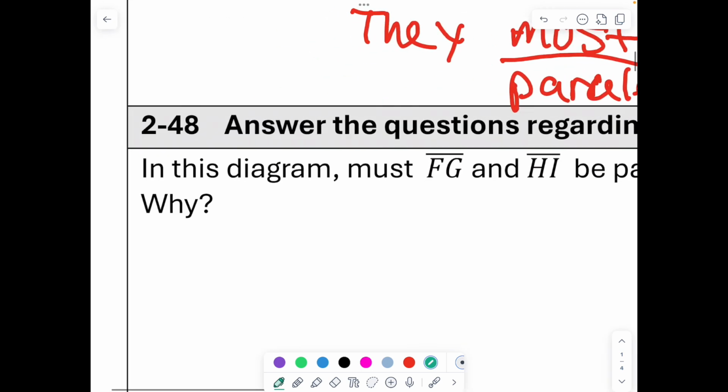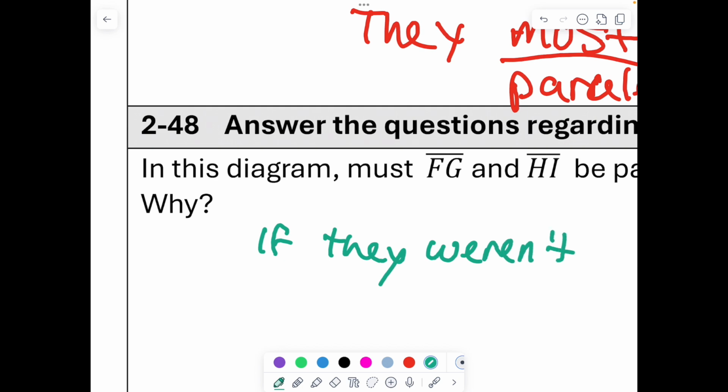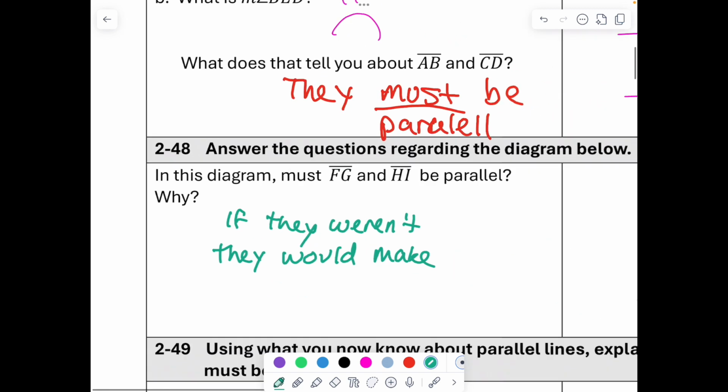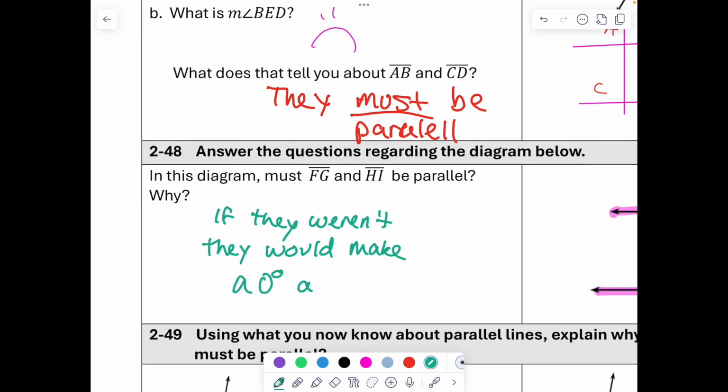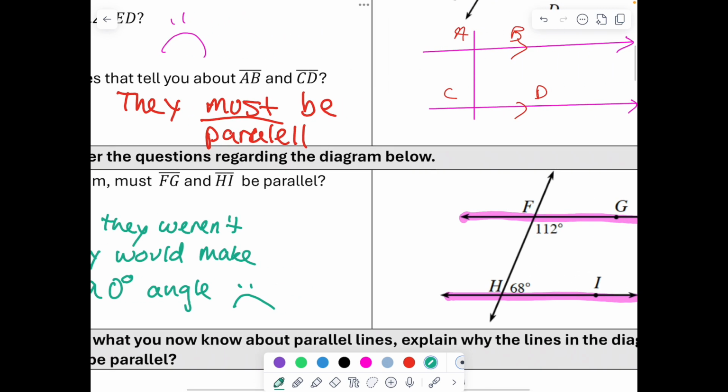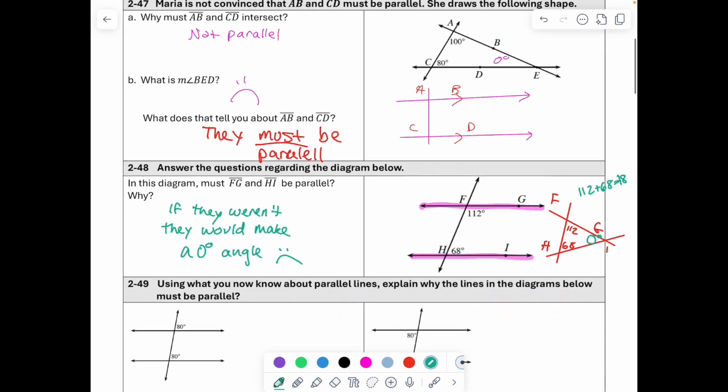So they must be parallel, because if they weren't, they would make a 0 degree angle, which is not a good thing. Basically, their angles add up to 180 already.